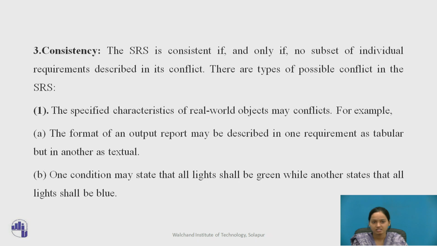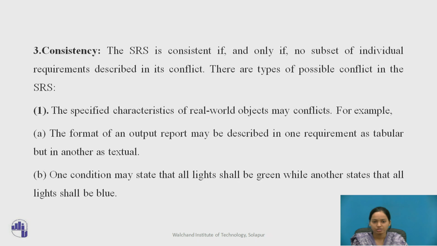Third one is consistency. The SRS is consistent if and only if no subset of individual requirements described in it conflict. The types of possible conflict in the SRS are, first, the specified characteristics of real world objects may conflict. For example, the format of an output report may be described in one requirement as tabular but in another as textual.